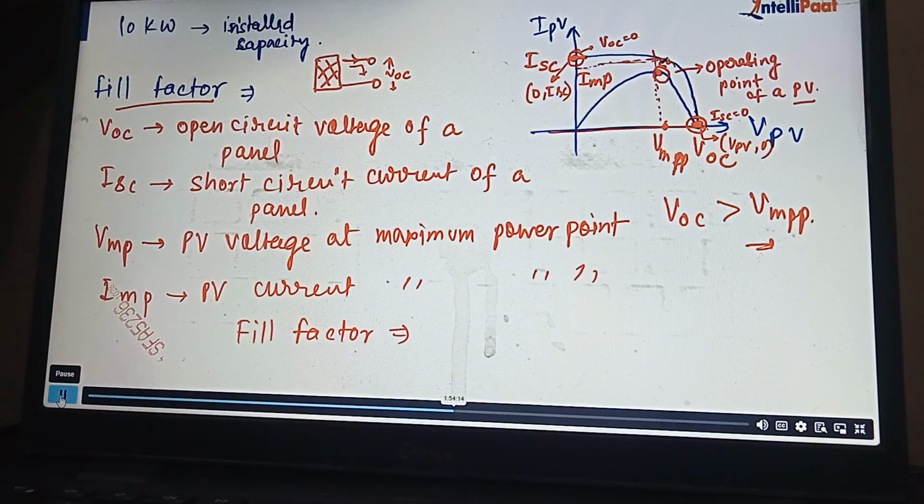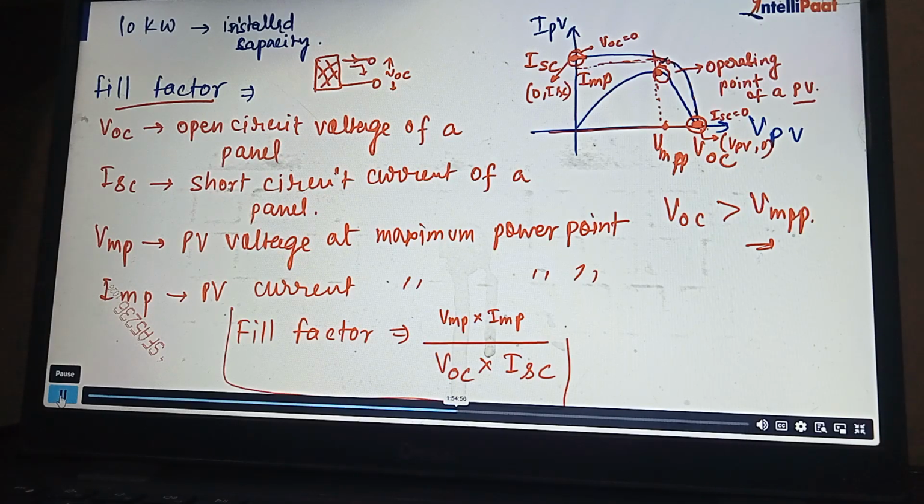The fill factor is the value at the operating point of a PV array, or MPP point, that is VMP multiplied by IMP and divided by VOC multiplied by ISC. Because VOC and ISC are the two maximum possible values, meaning at the x-axis and y-axis.